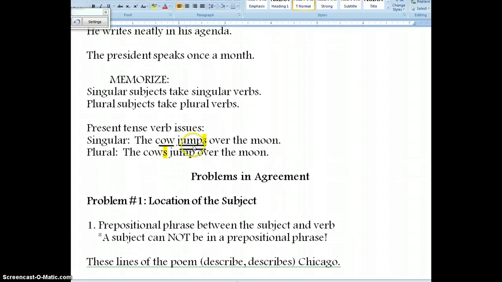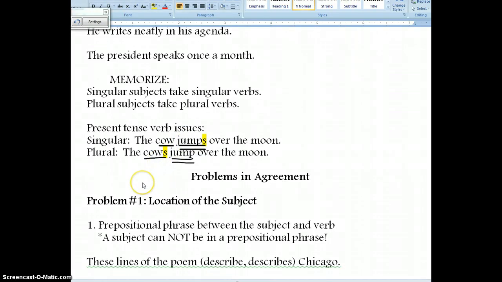Singular goes with singular. Now let's look at the plural. The cows, and you should recognize that as plural, and that's going to go with the plural verb jump. Let that soak in. Yes, the S goes on a singular verb, but the S goes on a plural noun.